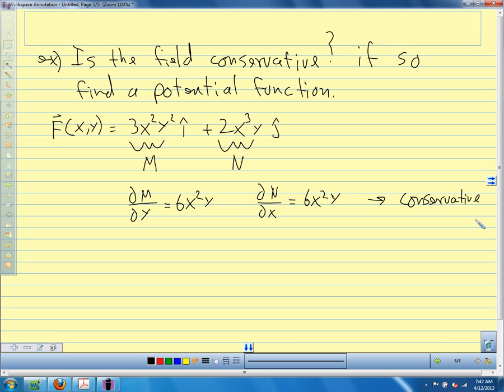Now we want to find our potential function. So we need f of xy, some scalar function f of xy, so that the gradient of our scalar function is our vector field.